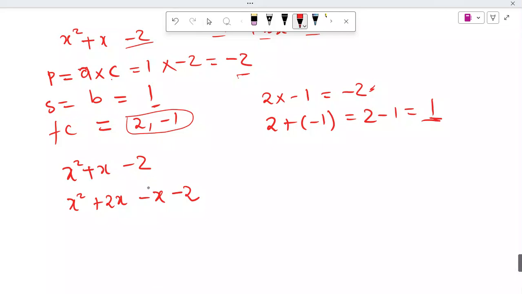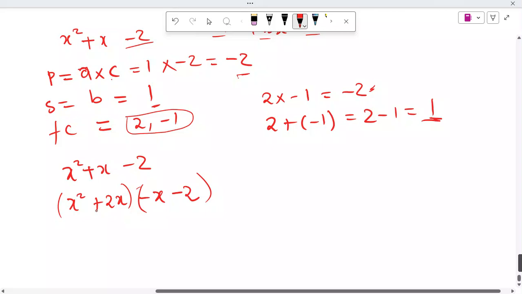So when you reach here, you remember, when you get work, you group these. So what is common here is x. Here to be x, here what will be remaining to be 2. Then here we take out negative 1.